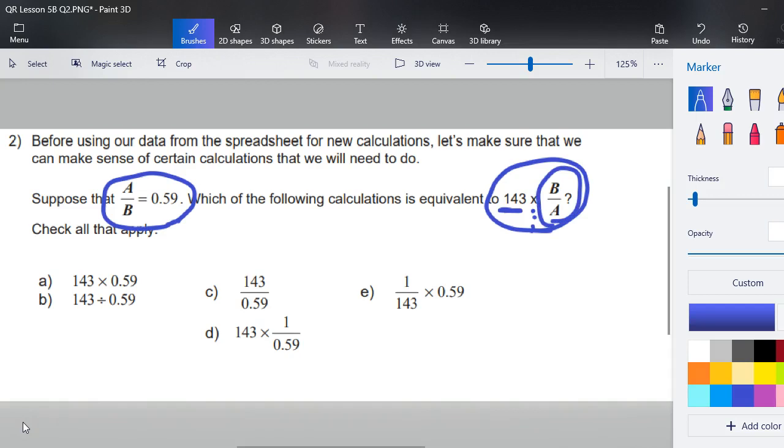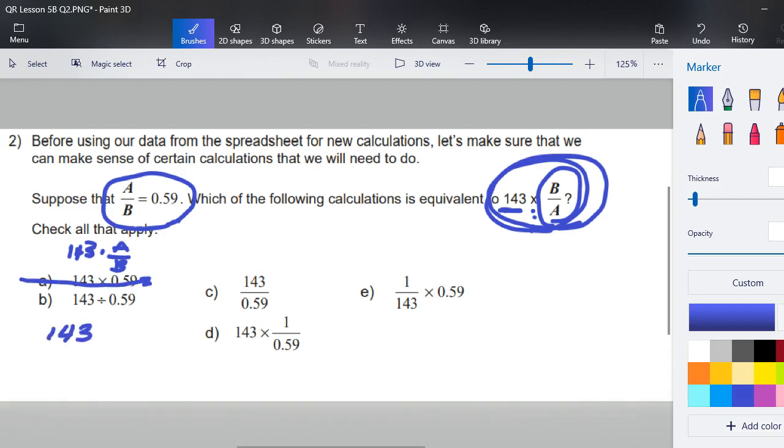So when we look at 143 times 59 hundredths, that would be like saying we're going to have 143 times A over B. But they're asking for an equivalent of 143 times B over A. So A is not equivalent.